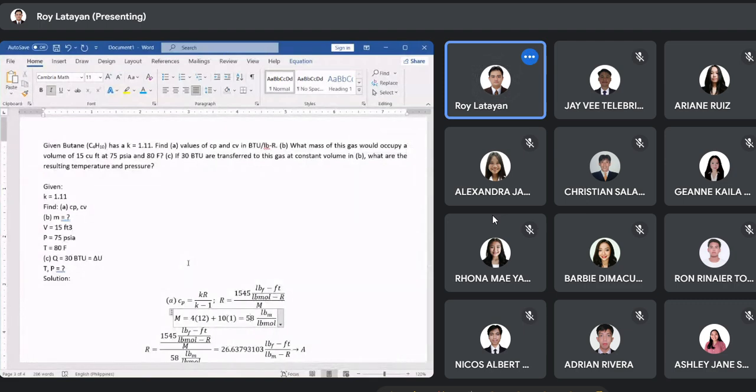But, pag hindi sinabing air, sinabi gas lang, a certain gas, kalimitan naman, bibigyan ka ng value ng R. Ang isa pang case is pag ganito, yung chemical composition niya or chemical symbol niya. Basta yung C4H10.